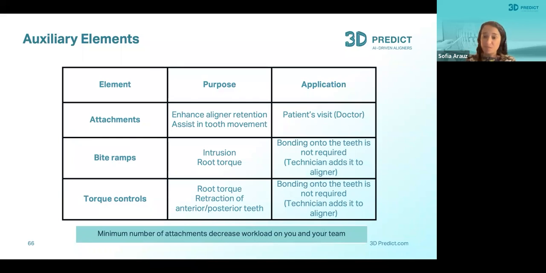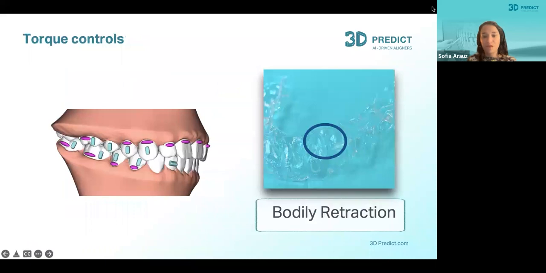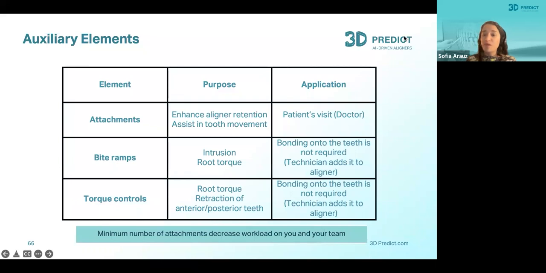Now with the attachments, those are the ones that you're gonna be placing in those visits based on the PDF form that I showed you before. With that being said, we have conducted a study of 156 cases that we completed to check the efficacy of the different shapes of attachments.